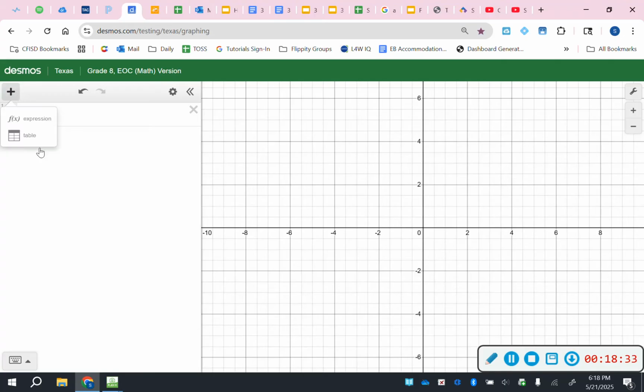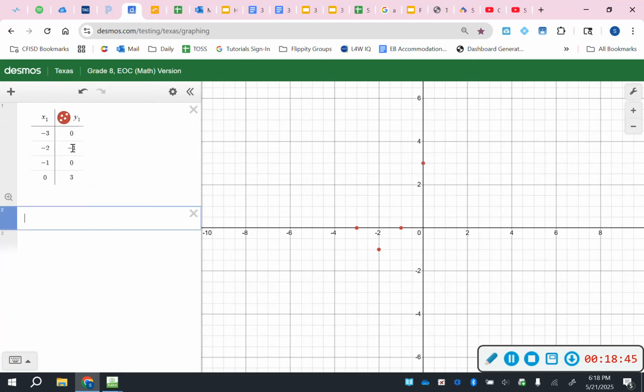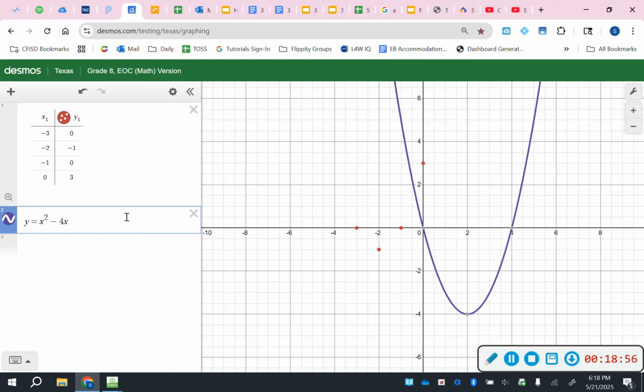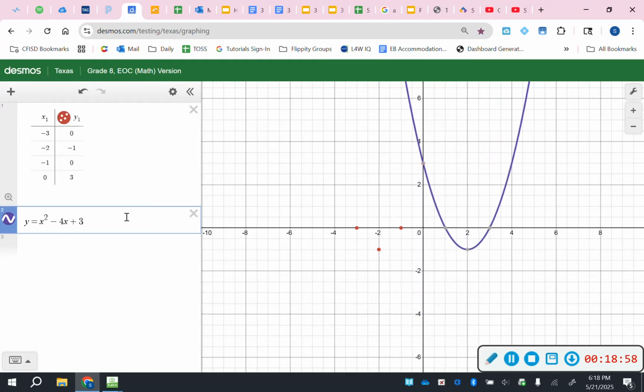So plus sign, table. We got negative 3, 0, negative 2, negative 1, negative 1, 0, and 0, 3. Okay, so if I plug in A, it says y equals x squared minus 4x plus 3. Does that go through our points?